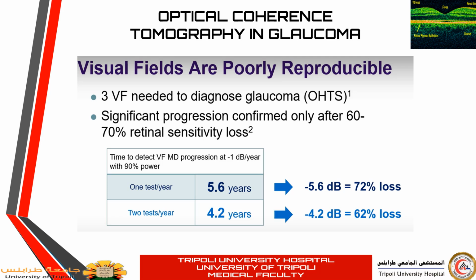And if you have 2 tests per year, you will have around 62% loss of the retinal sensitivity to determine considerable and confirmed progression of glaucoma. That's why we need a simulated visual field that can simulate the normal visual field and is more reproducible, so that we can detect and pick up progression earlier than this.